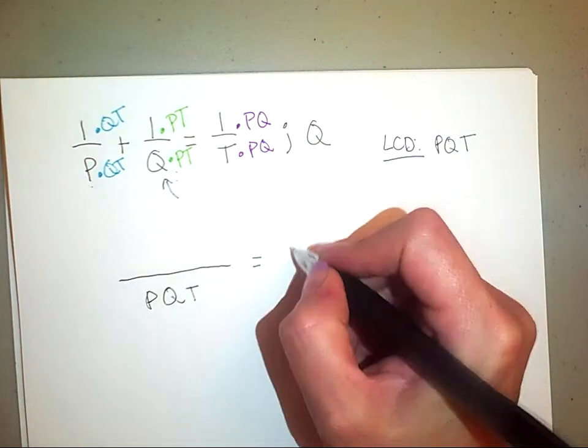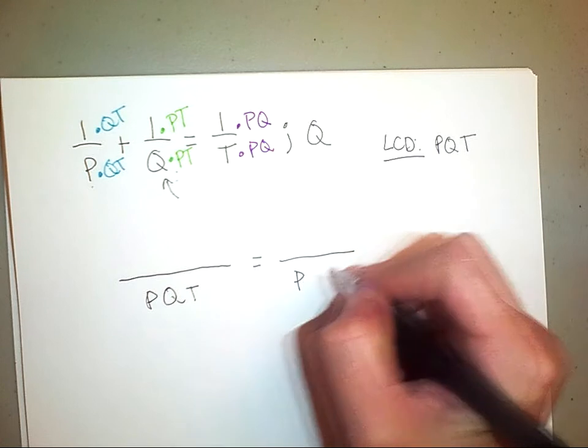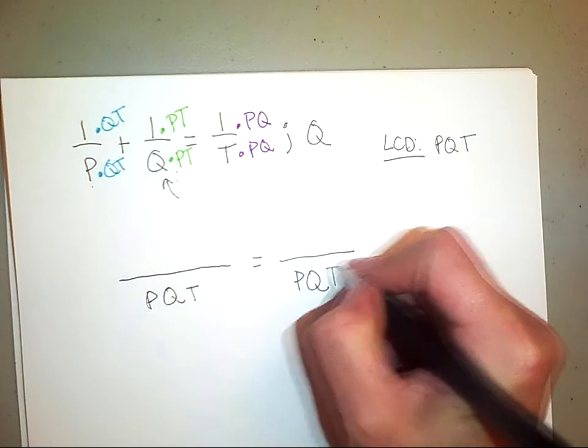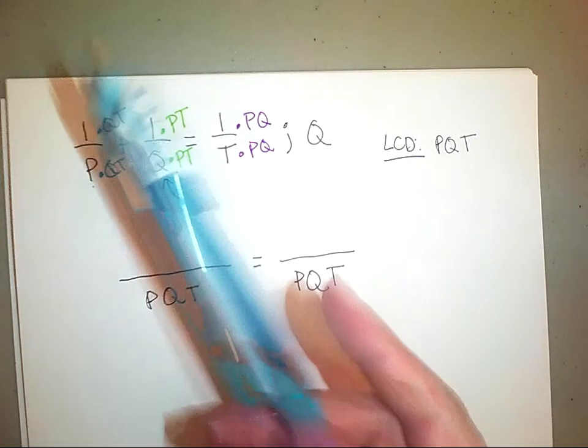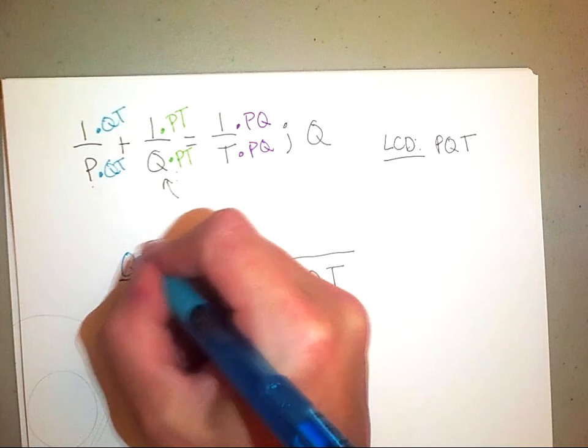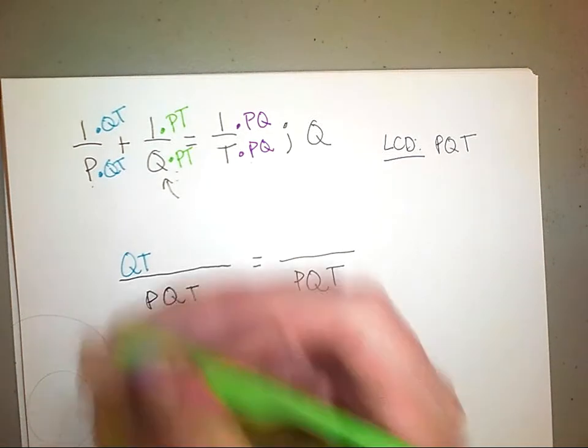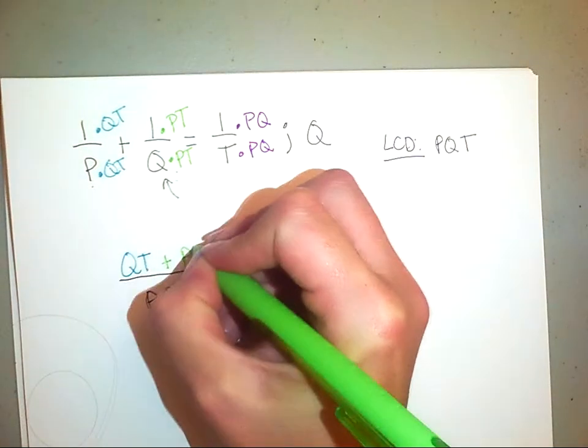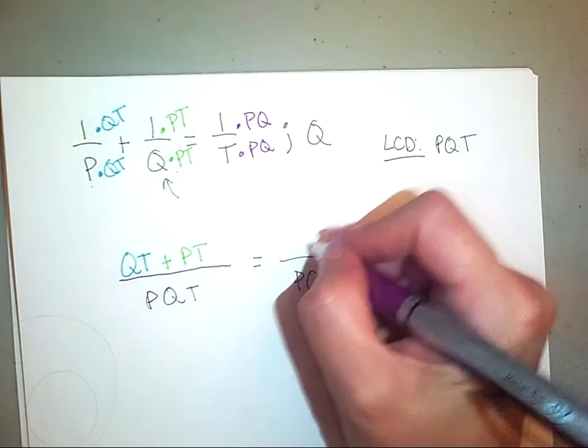Now we can write it as one great big fraction with the denominator of PQT. Here we have QT. Then we add to it PT, and that would be equal to PQ.